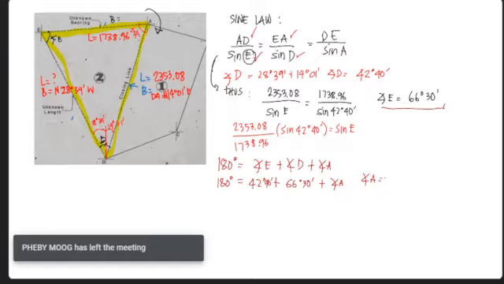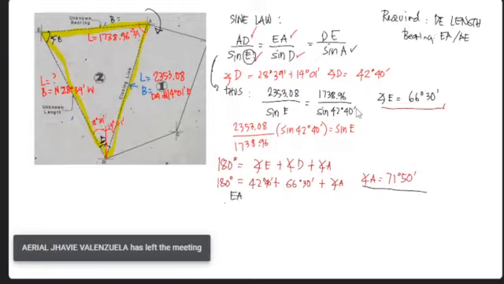So, we can say EA over sine D is equal to DE over sine A. So, EA is 1738.96 over sine D. D is 42 degrees and 40 minutes is equals to DE over sine A, which is 71 degrees and 50 minutes. So, you can compute for DE.